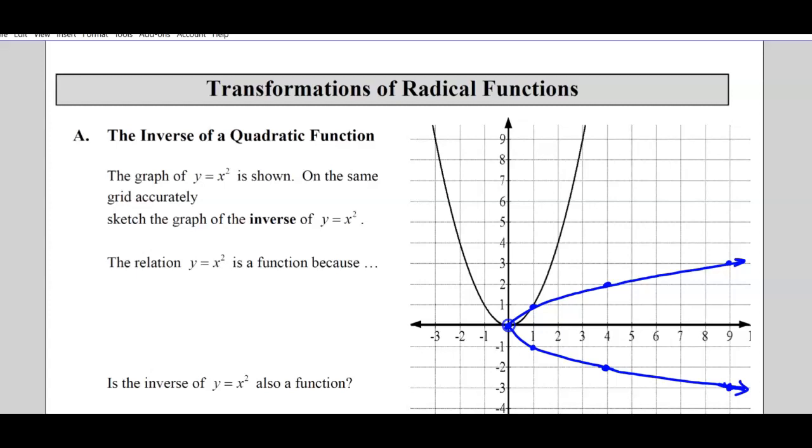So, the relation y equals x squared is a function because for every domain value, there is only one range value.